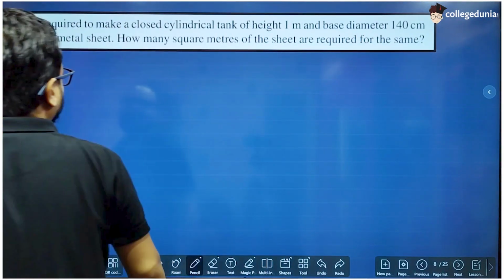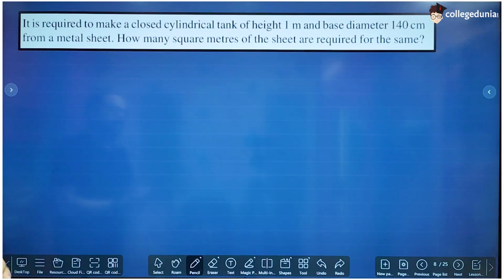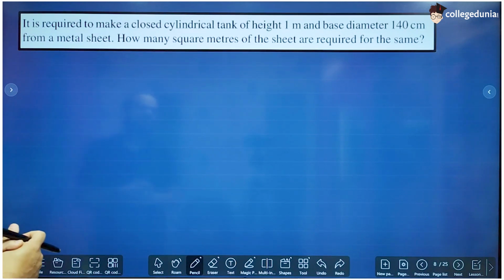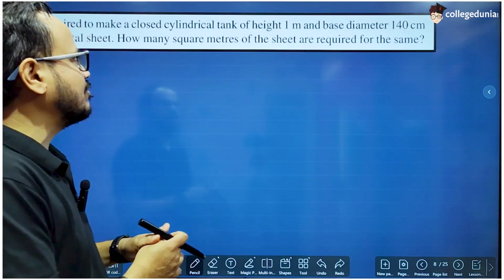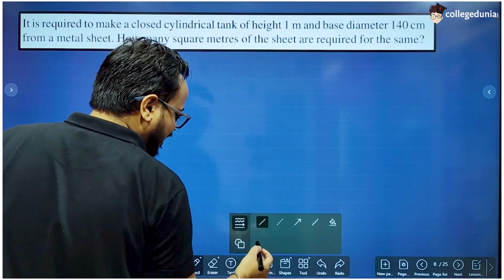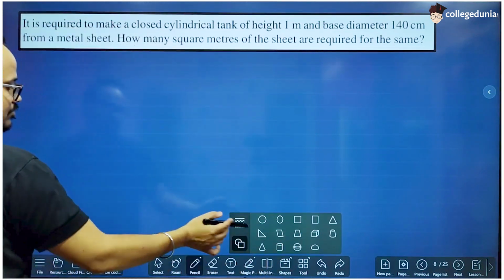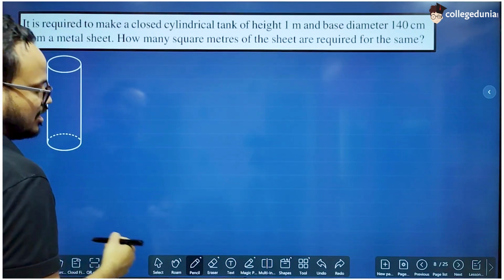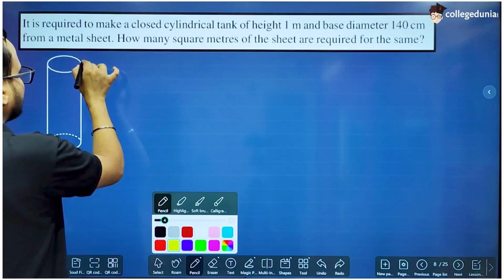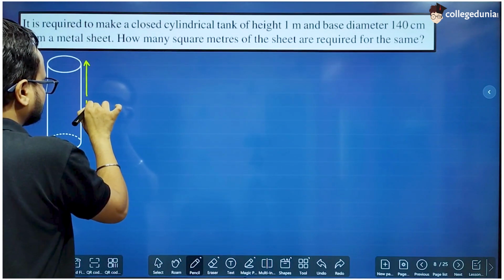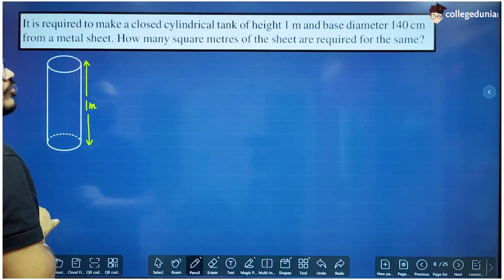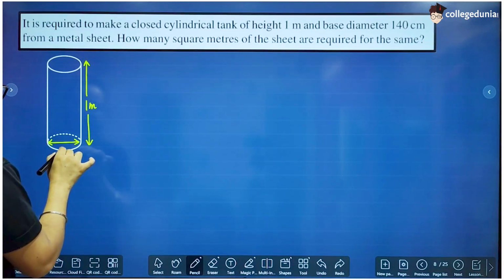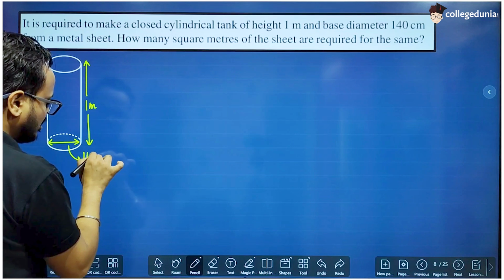Next, it is required to make a closed cylindrical tank of height 1 meter and base diameter 140 centimeter from a metal sheet. How many square meters of the sheet are required for the same? We have to make a closed cylindrical tank and the height of the tank is 1 meter, and base diameter is 140 centimeter.